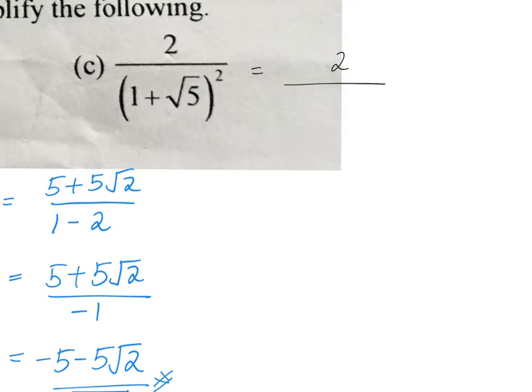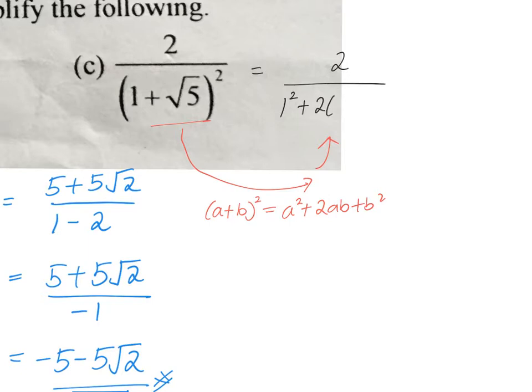So a very simple way would be first to expand our denominator, using the fact that (a plus b) squared is equal to a squared plus 2ab plus b squared.